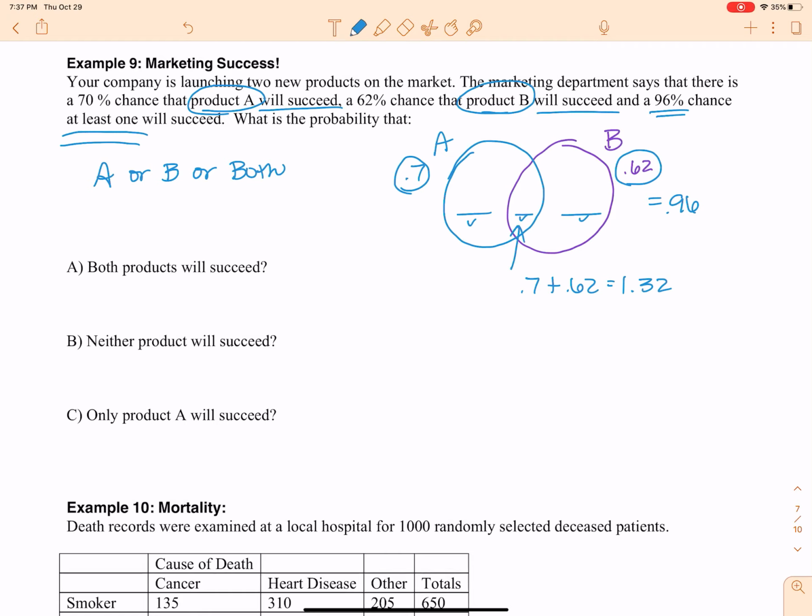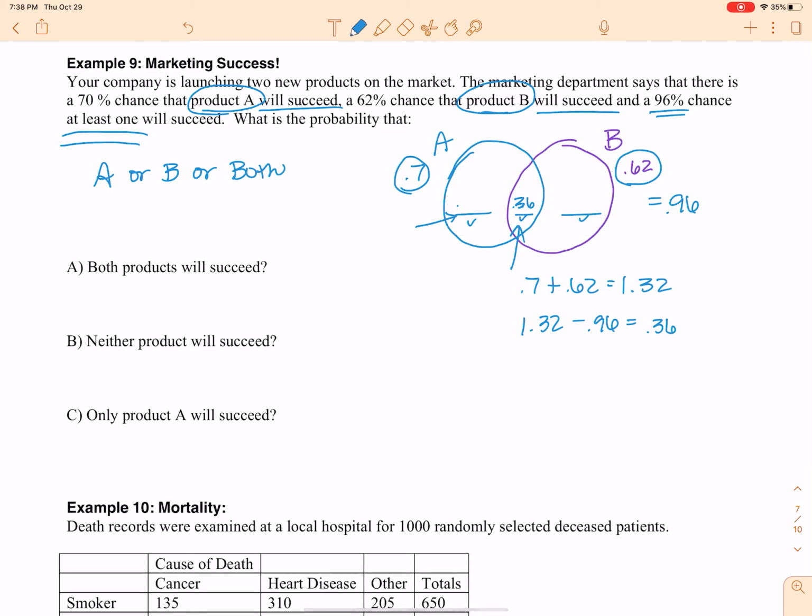Well, how do I figure out what that is, Miss Griggs? Well, I've got the answer. You take the 1.32 and you subtract 0.96 from it, and you will get the overlap. All right, so that goes right there. And then I can easily find this blank by subtracting 0.36 from 0.7.